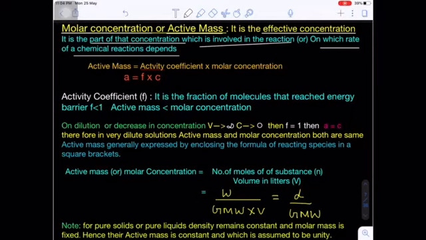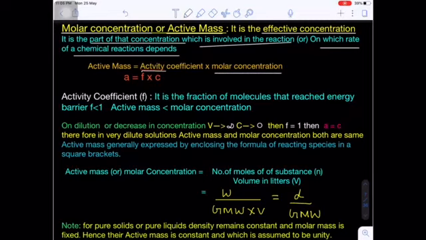The concentration on which the rate of a reaction depends is known as the molar concentration or active mass. Now, there is a formula to calculate the active mass. Active mass is equal to activity coefficient multiplied by molar concentration.